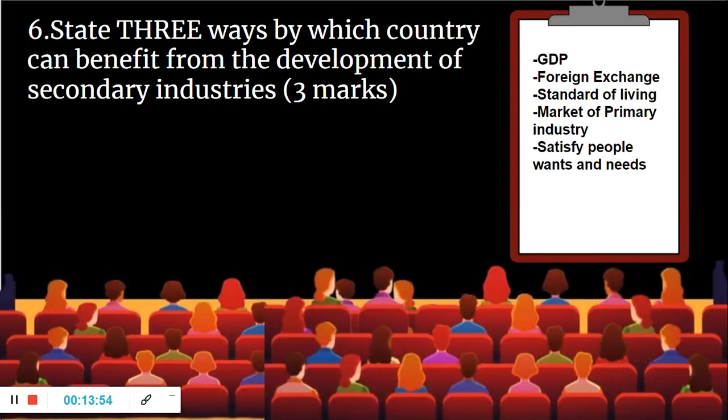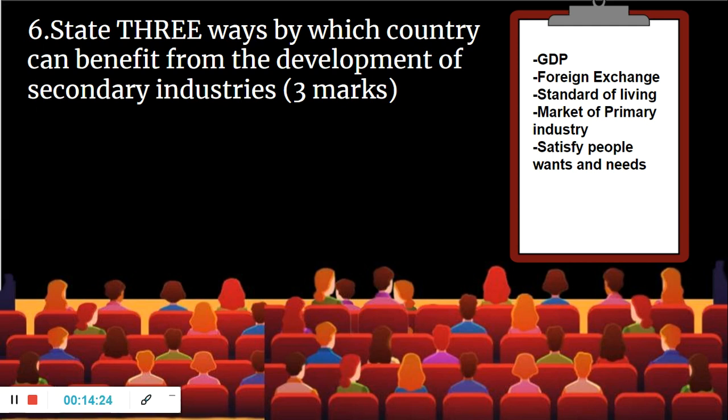All right. Number 6 says state 3 ways by which a country can benefit from the development of secondary industries. All right. So this is similar to the question that we answered before on primary economic activities and the benefits that they provide.